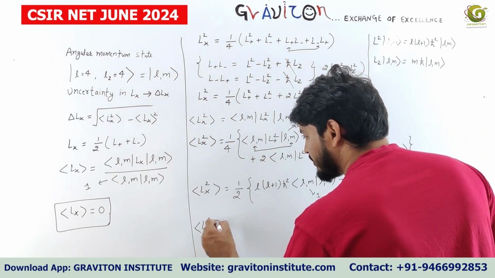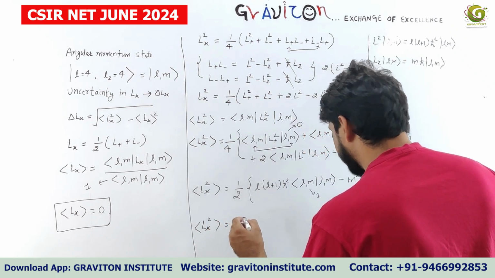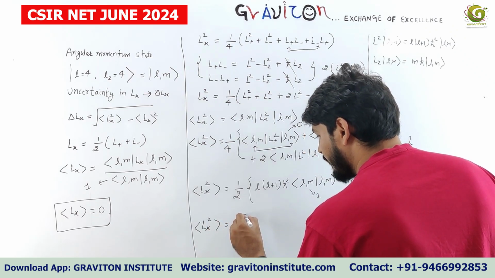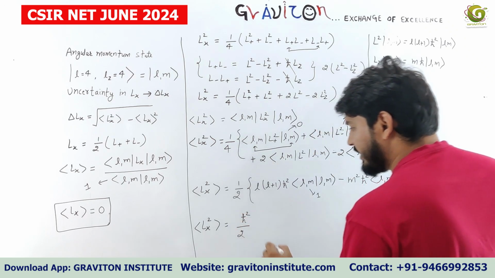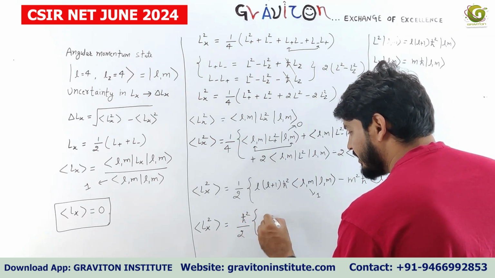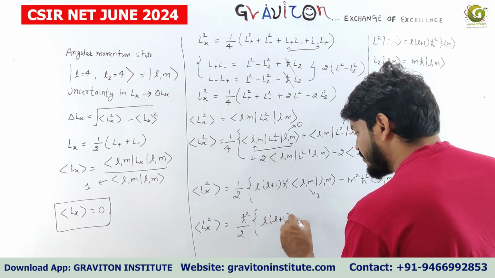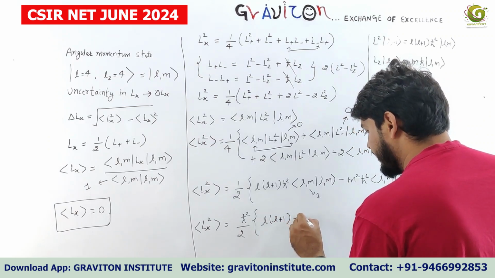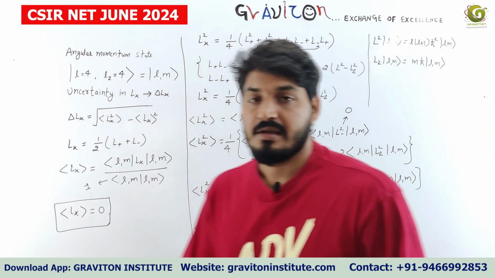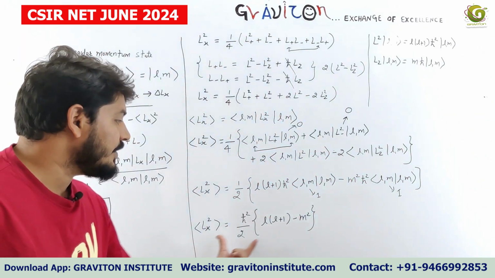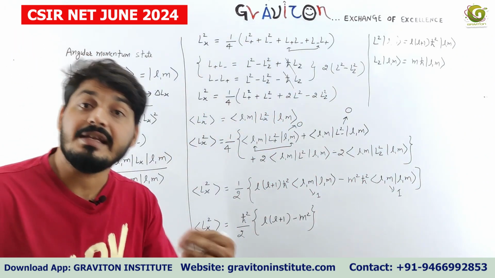Fine. So I can say this Lx² is ħ², I can take common, ħ²/2, and this is L(L+1) minus m². This is the expectation value of Lx² on any state Lm.